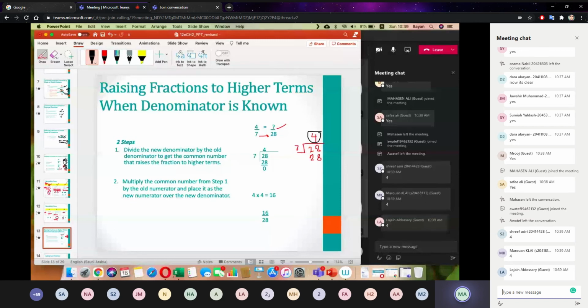What should we do? We multiply it by this 4. Multiply 4 here by 4. So 4 times 4 will give you 16. So the missing value here is 16.